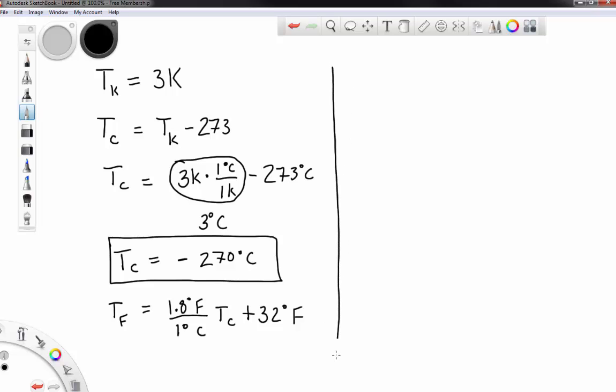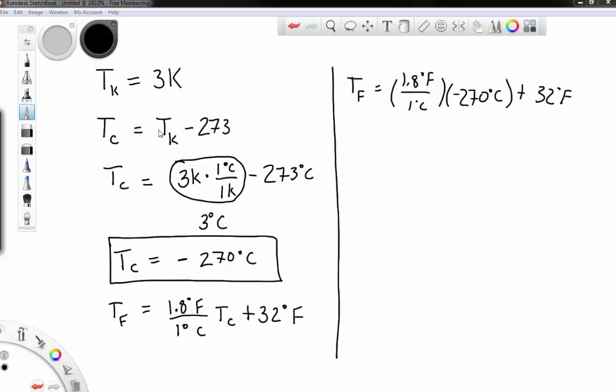So that means that we have a temperature in Fahrenheit of 1.8 Fahrenheit per Celsius times negative 270 degrees Celsius plus 32 Fahrenheit. And of course, this temperature in Celsius we got from part A to this problem.